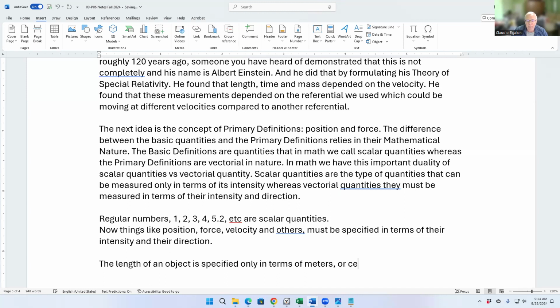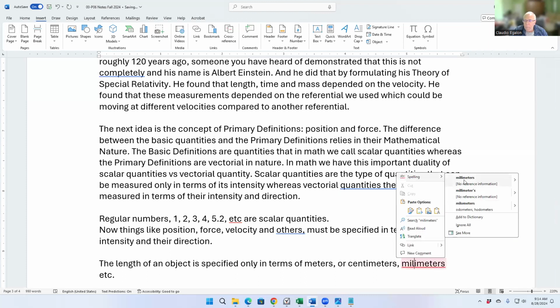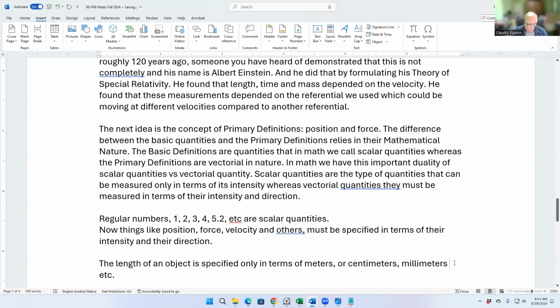Or centimeters, millimeters, etc. The mass of an object also can be specified in terms of kilogram, gram, right?